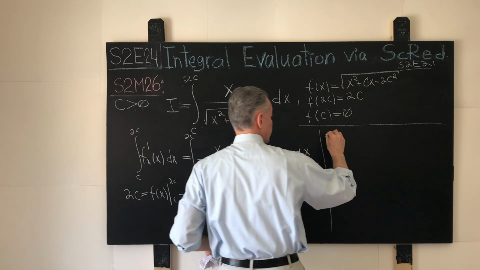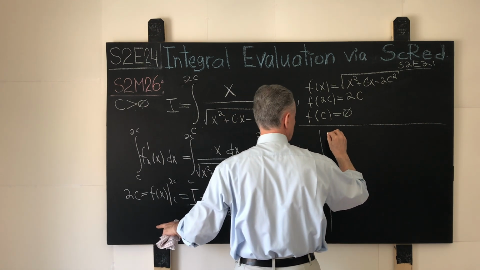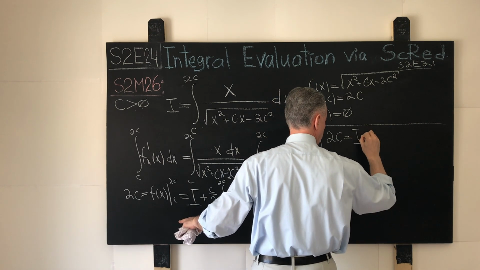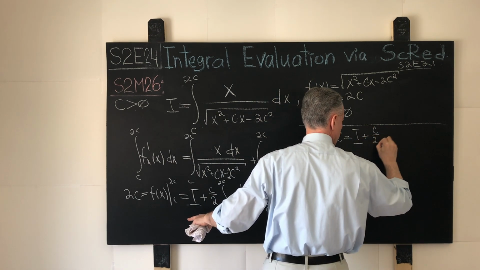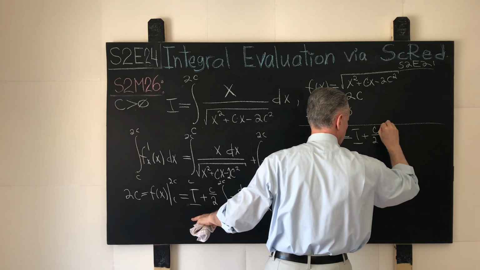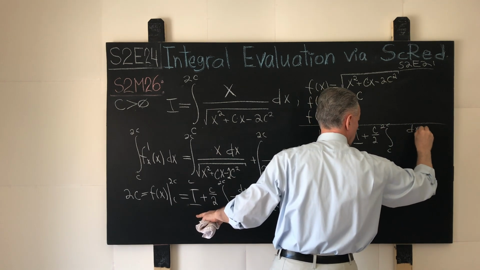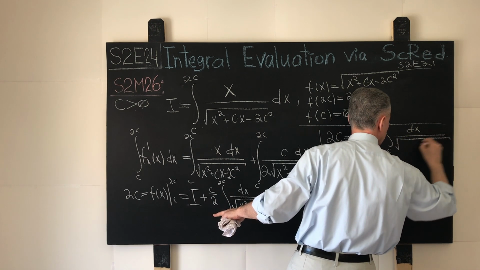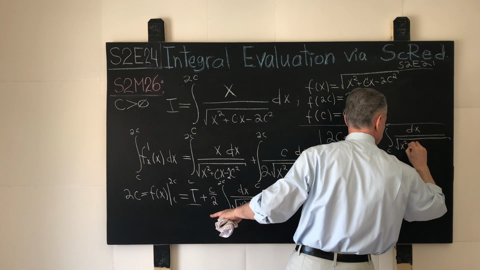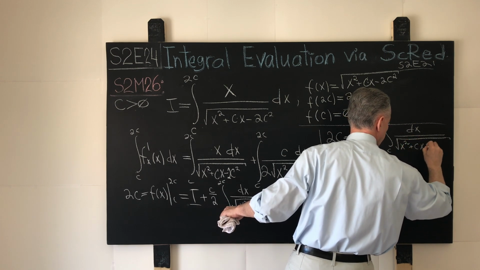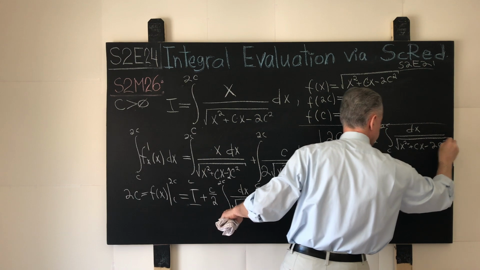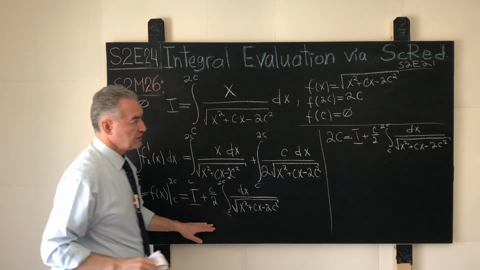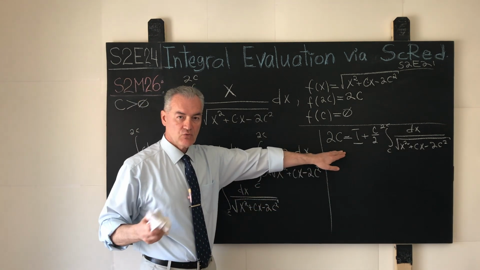So what do we have here? We will have, just to keep track, 2c equals I plus c over 2, integral from c to 2c, dx over square root of x squared plus cx minus 2c squared. I simply wrote down this result shown over here. And what do we have now?